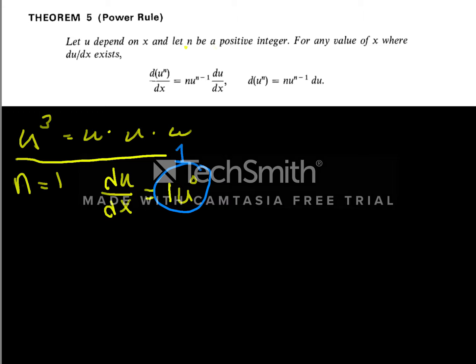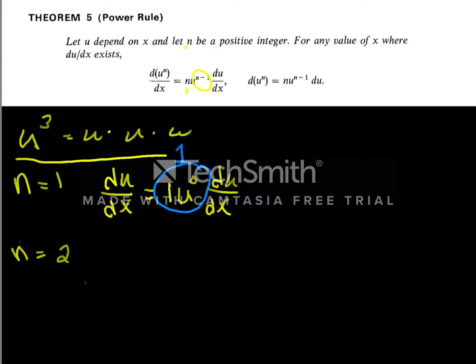So clearly du/dx is equal to 1 times du/dx. And so just like the rule says, n should be first, and the power should go down by 1. So our power here is 1, we've gone down to 0. So this is kind of a silly case, but yes, du/dx is equal to 1 times u to the 0 du/dx.